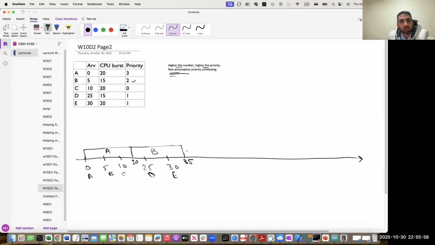We are done with A and B, so C, D, and E are ready. We pick the one which has the highest priority. D and E have the same priority, so we can select any one of them. Let's say I select D. D will run for 15 time units, so 35 plus 15 is 50.